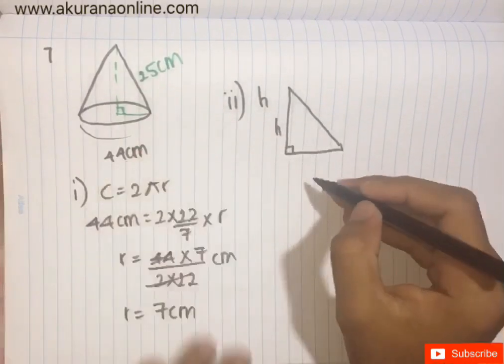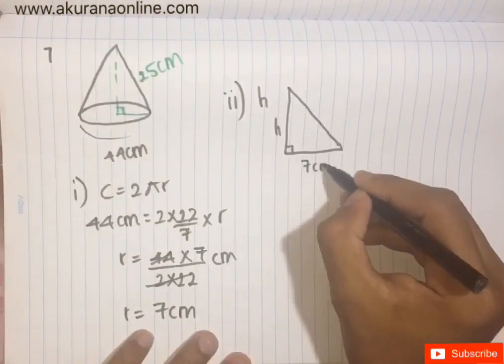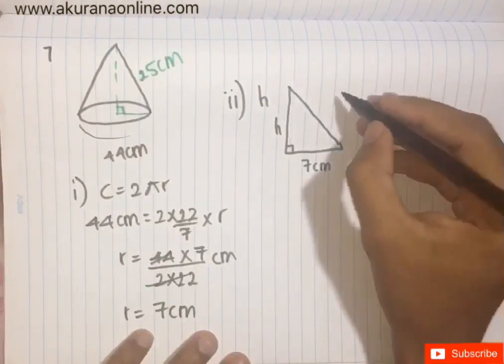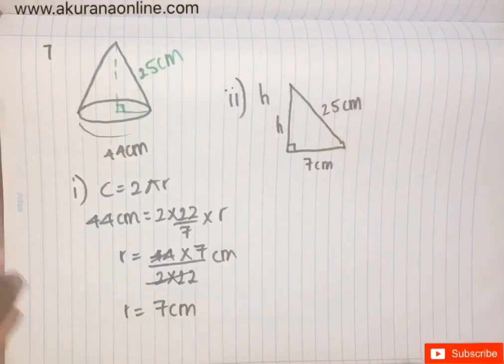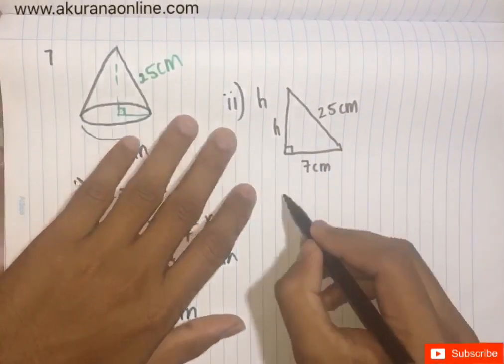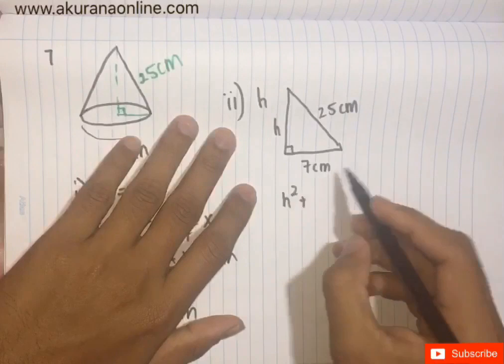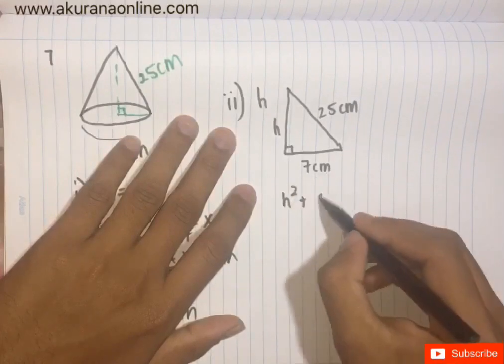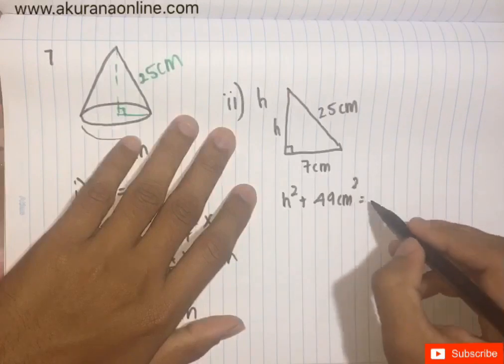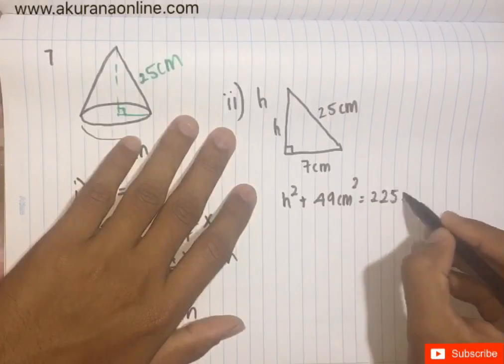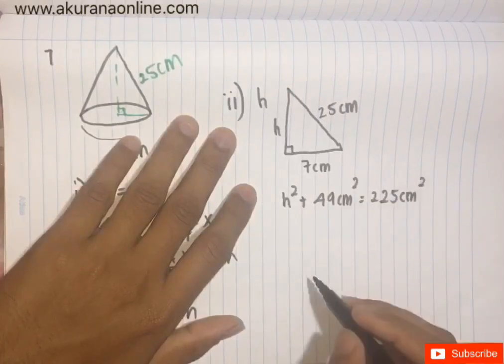Also the radius, you know it, it's 7 centimeters, and the slant height is equal to 25 centimeters. Now use the Pythagoras theorem. h squared plus 7 squared, which is 49, is equal to 25 squared.